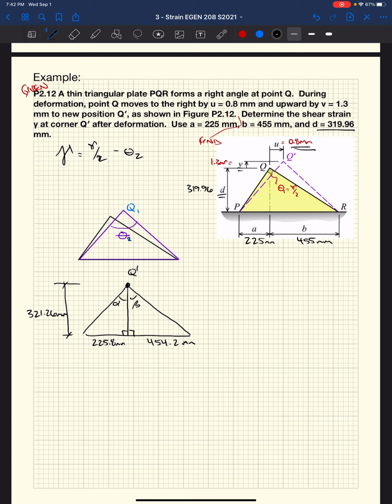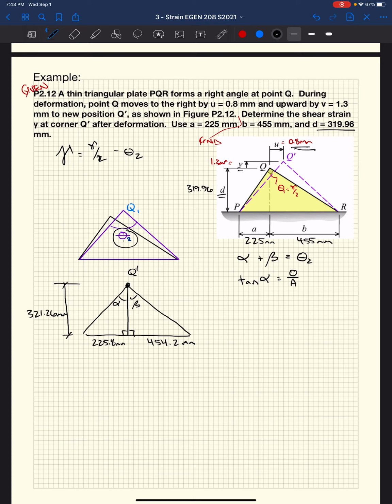Well, we know that our two angles, from up above, we have theta 2 divided into two pieces. So we have alpha plus beta is theta 2. We know from trig that the tangent of alpha equals opposite over adjacent.